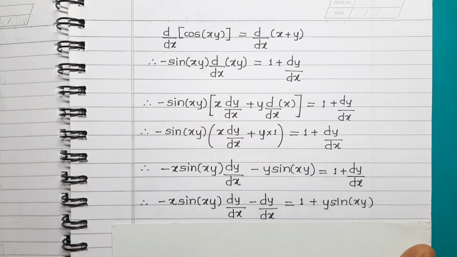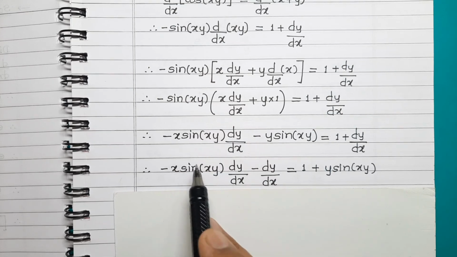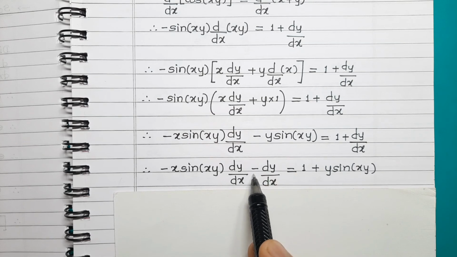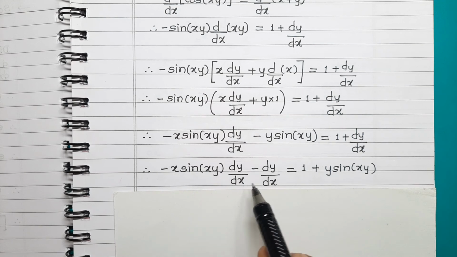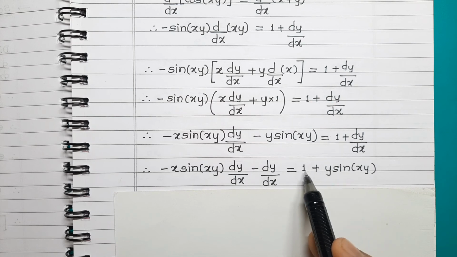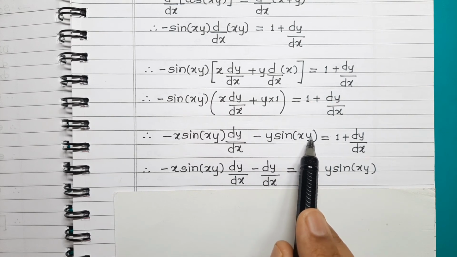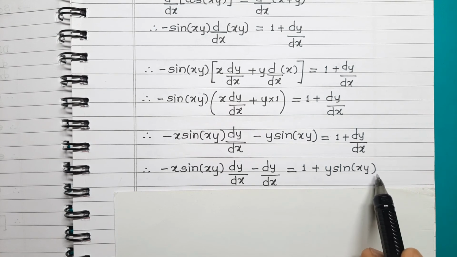So to the next step, we will get, see, this term on our LHS as it is, and we have shifted this dy by dx on LHS, so it becomes minus. So we have minus x sin xy dy by dx minus dy by dx is equal to this one as it is, and we have shifted this minus y sin xy on RHS to get this plus y into sin xy.